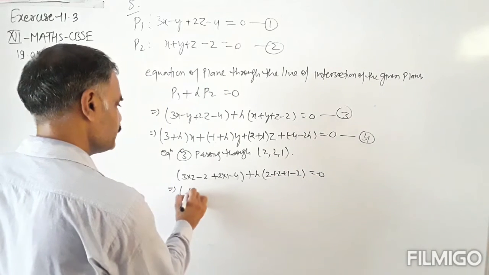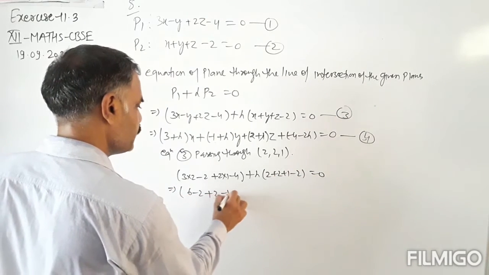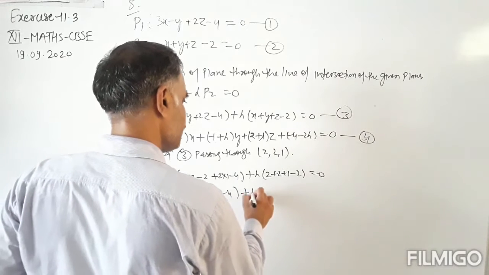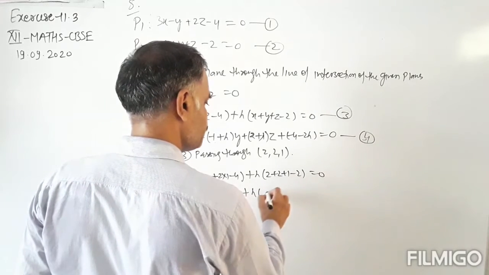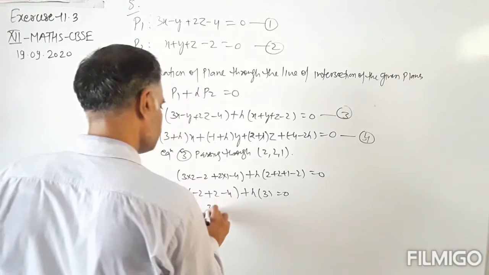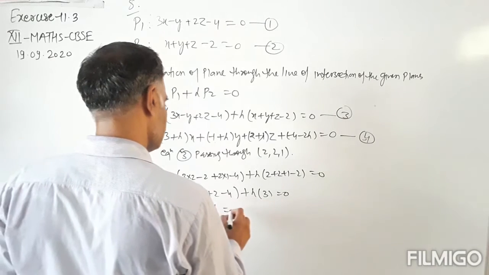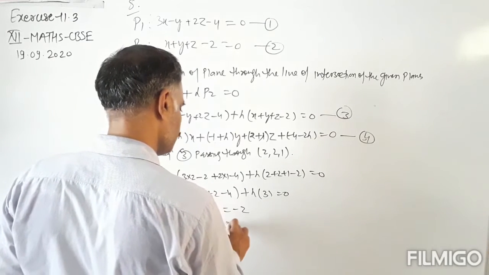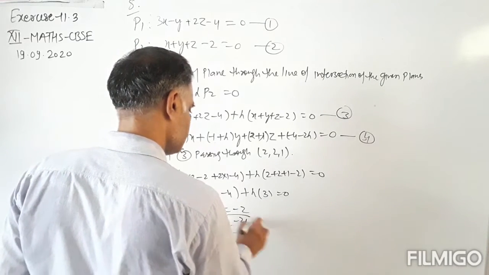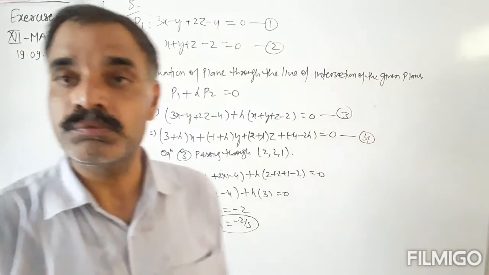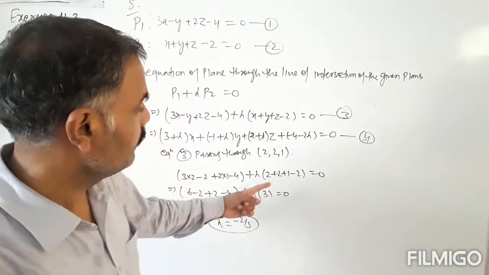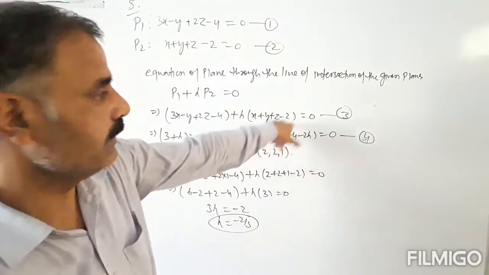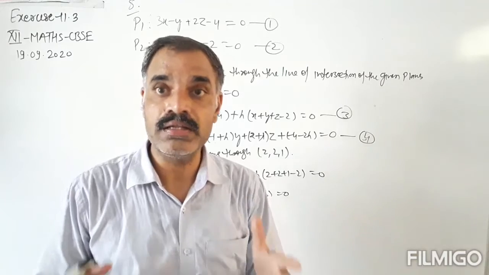So 6 minus 2 plus 2 minus 4 plus lambda into (5 minus 2, that is 3) equals 0. So 3 lambda equals minus 2, and lambda equals minus 2 by 3. Now putting this lambda in equation number 3, we will get the required plane.